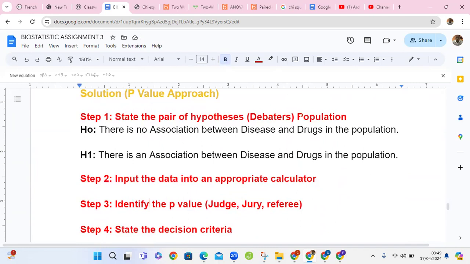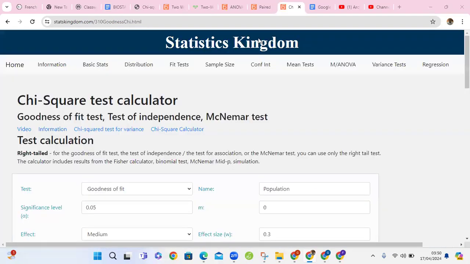Step number two is to input the data in an appropriate calculator. So let's do that for a chi-square test for no association, or chi-square test for independence. Again, we are going to use the Statistics Kingdom chi-square test calculator. But there are different types of chi-squares.